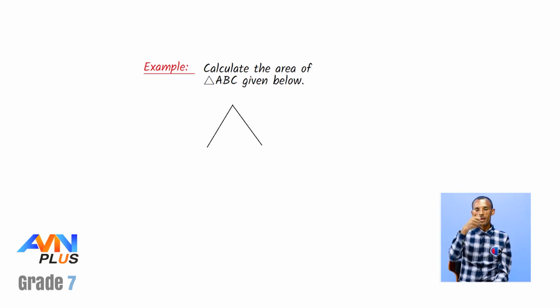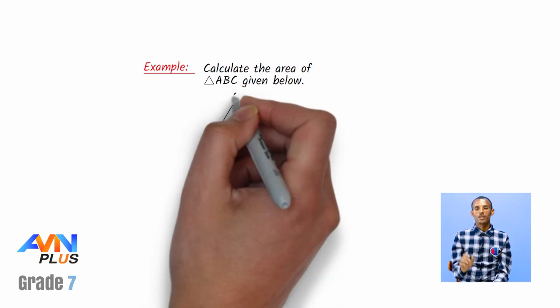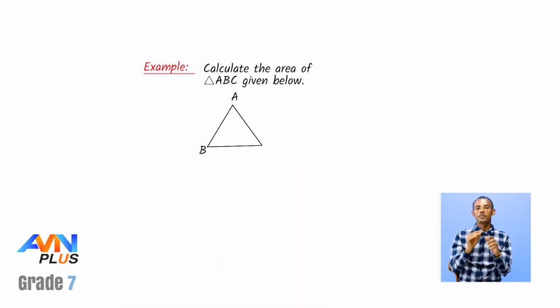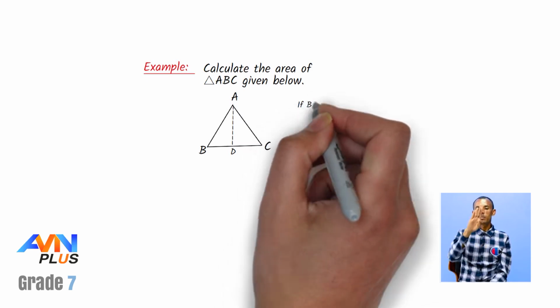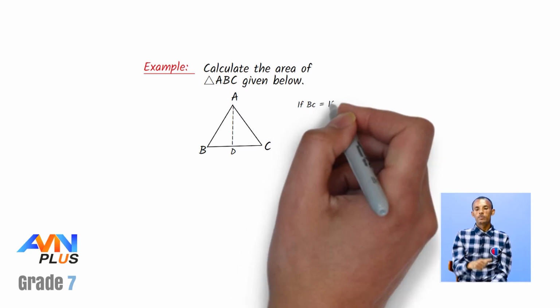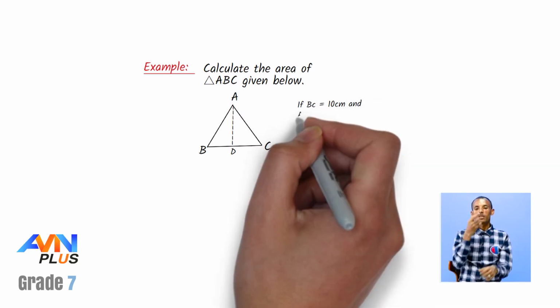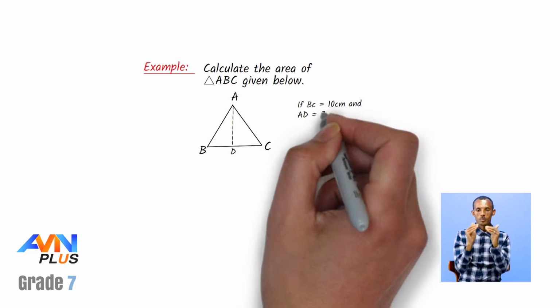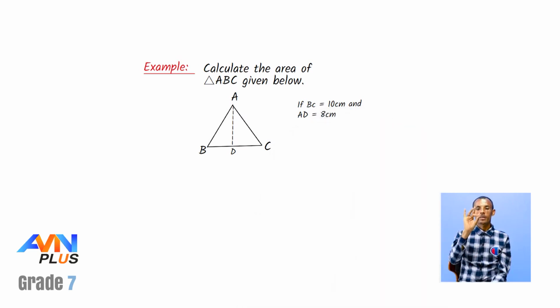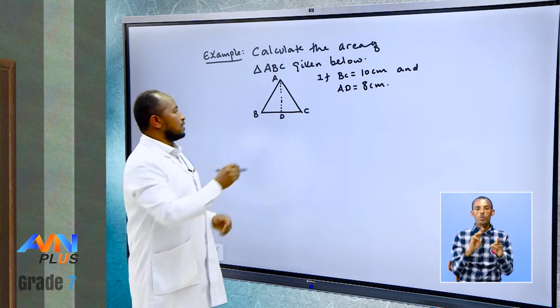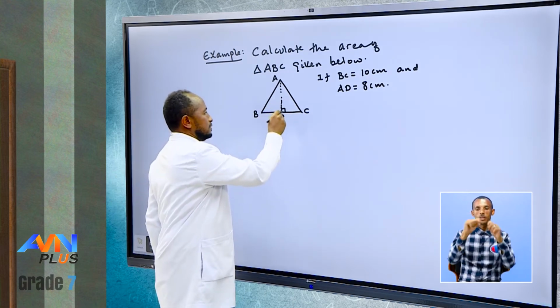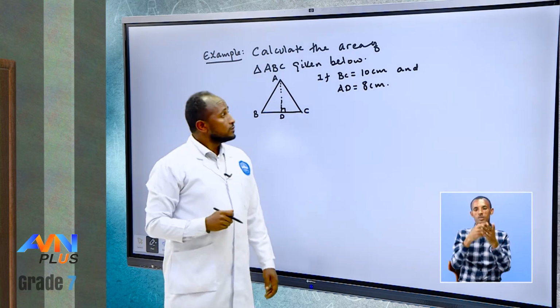This one is A, B, C, and this distance let's assume to be AD. Calculate the area of triangle ABC if the length of BC is equal to 10 centimeter and the length of AD is equal to 8 centimeter. So how do you calculate the area of this triangle? Please students, try this question. I will give you 20 seconds for this question.